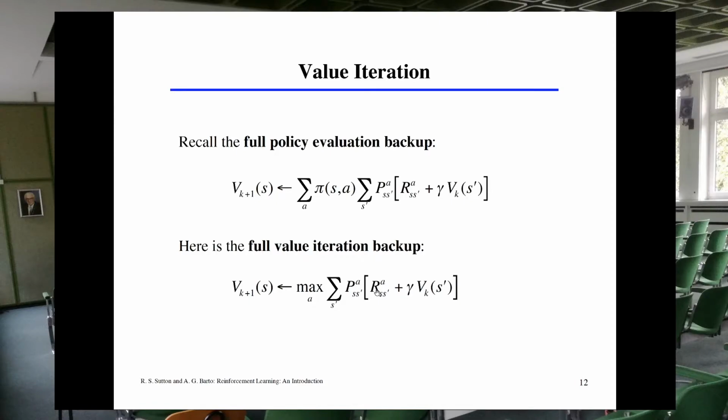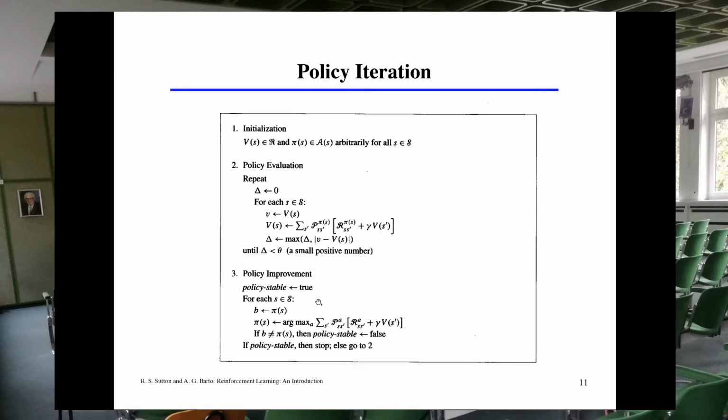So this is similar to the previous algorithm, but instead of having two stages, policy evaluation and policy improvement, here we will assign the value directly that maximizes this expression, considering each possible action.